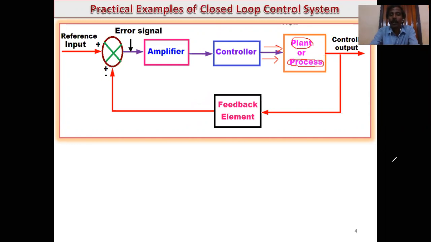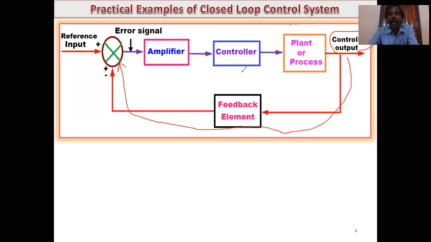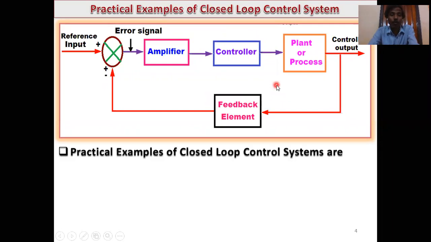And after operation, this is the controlled output, and this is the feedback path. This feedback may be positive or negative. The ratio of controlled output to reference input is called efficiency, and in control systems language this ratio is called the transfer function if all the initial conditions are zero. So this is the block diagram for closed loop control systems.